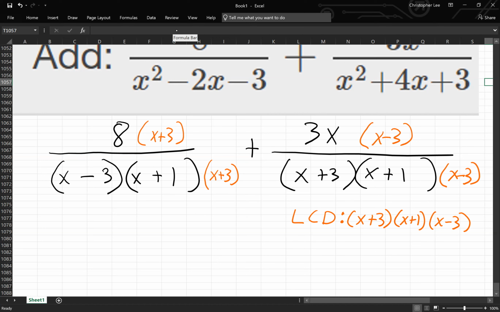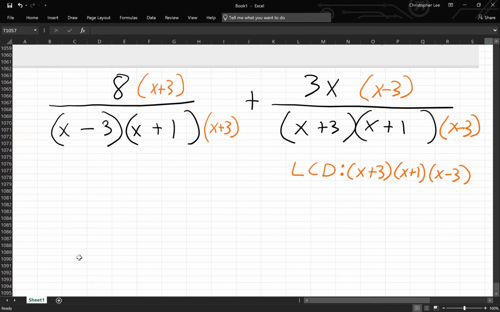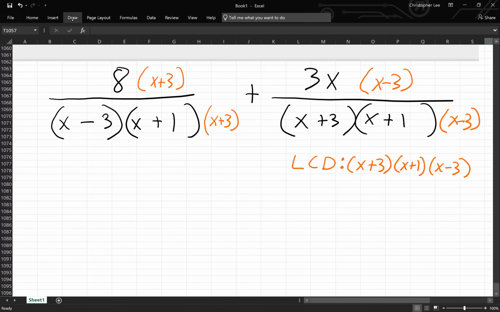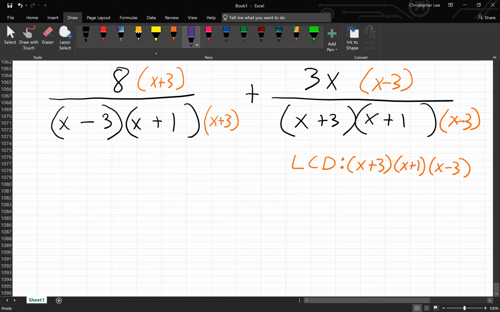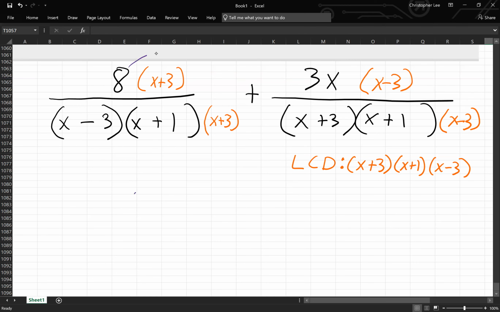And then after that, it's straightforward. Let me switch this up, I'm going to go purple real quick. So we're just going to distribute. What do I have? I have 8x plus, what's that, 24? Good.